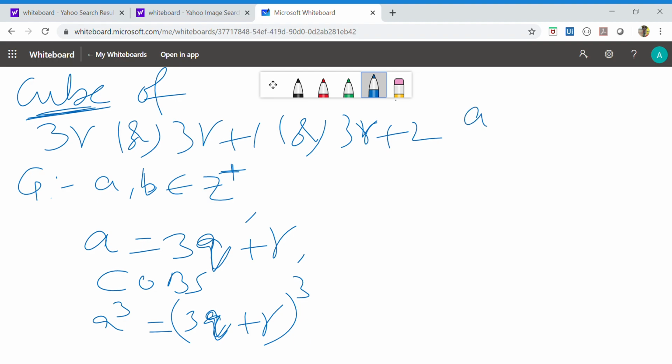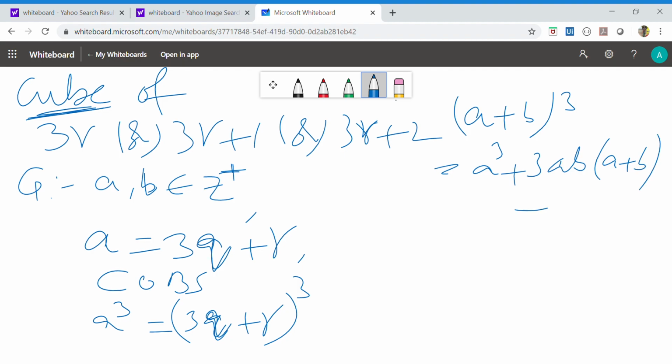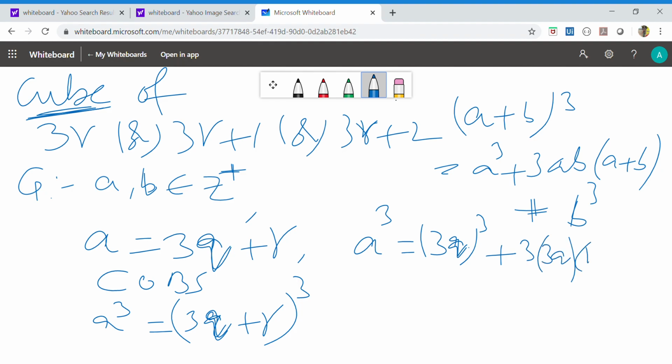Recall the formula for a plus b whole cube: a cube plus 3ab into a plus b plus b cube. So according to that, a cube is equal to 3q whole cube, where a is 3q, plus 3 into 3q into r into 3q plus r, plus b cube, which is r cube.